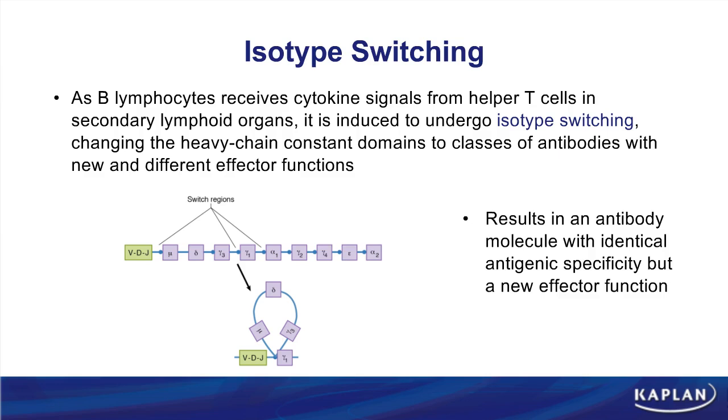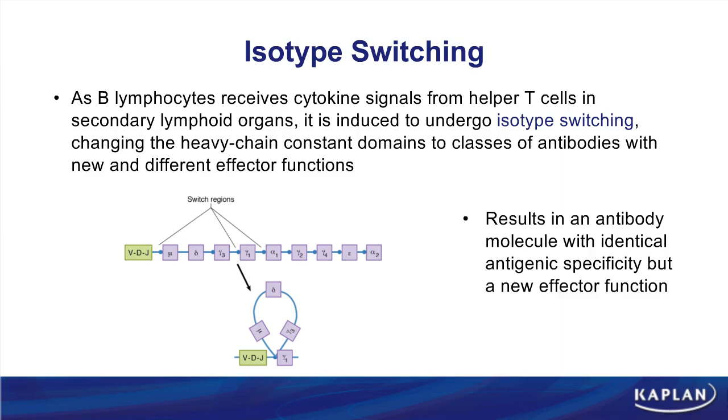There's IgG 1, 2, 3, and 4, and there's actually 2 subtypes of IgA. But in this example, we're switching to an IgG1. The intervening DNA with some other constant regions is looped out and removed, and now this B cell will forever be a B cell that's expressing IgG1.